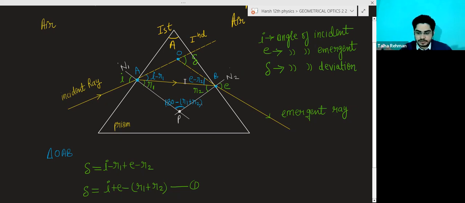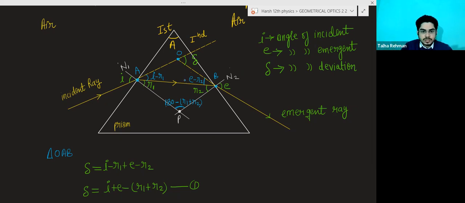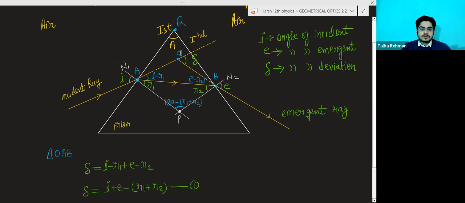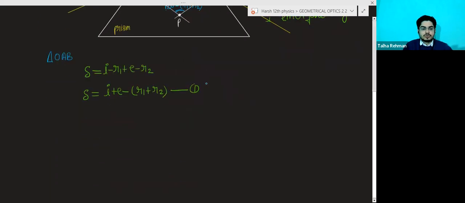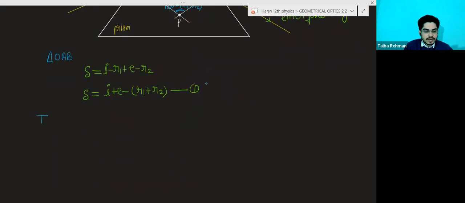After that, again geometry will be used. Suppose this is point Q. So now there is a quadrilateral QAPB.